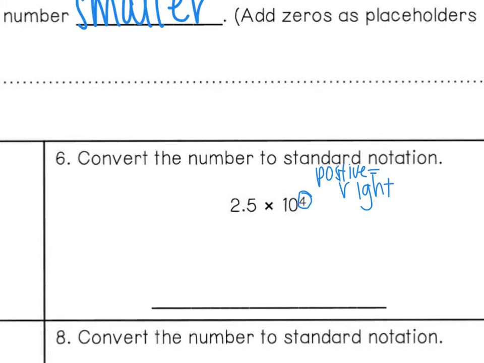And I'm going to move it 4 places. Move my decimal. So 1, 2, 3, 4. And I'll fill in my zeros. 1, 2, 3. So my answer is going to be 25,000.